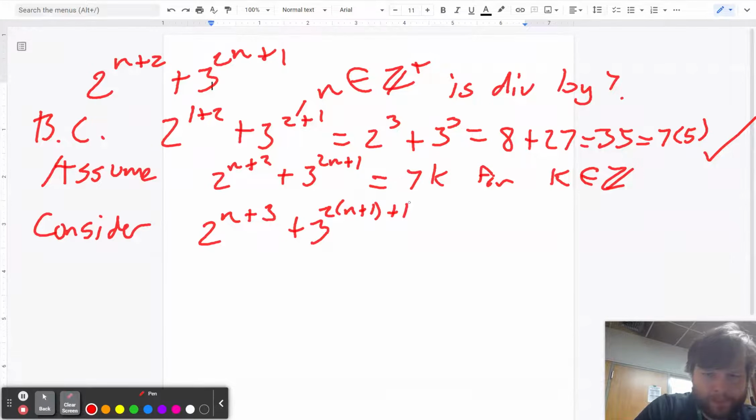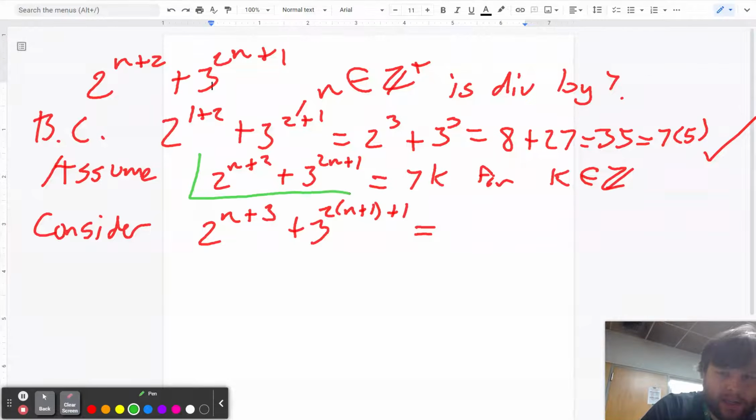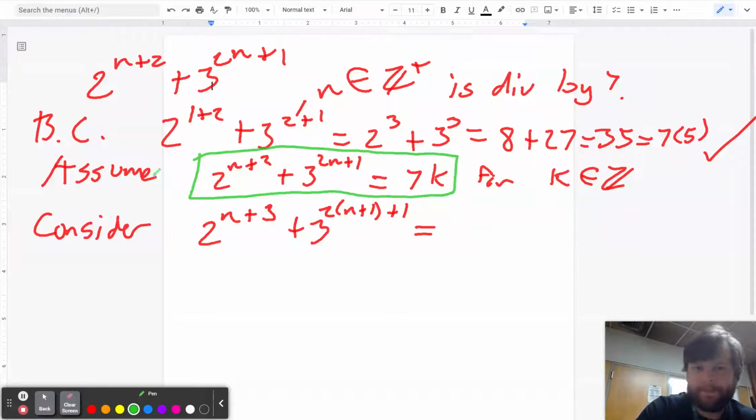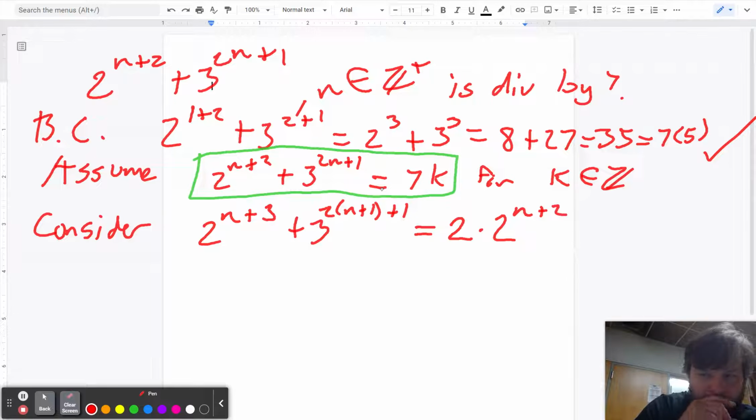Okay. I don't see really how to work with this one. I know I'm going to want to use my induction hypothesis somewhere. Let's see. What can I do? I can make this 2 times 2 to the n plus 2, because then that kind of looks like the induction hypothesis. And I can make the other part 3 to the 2n plus 3.